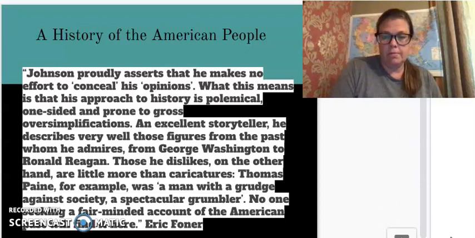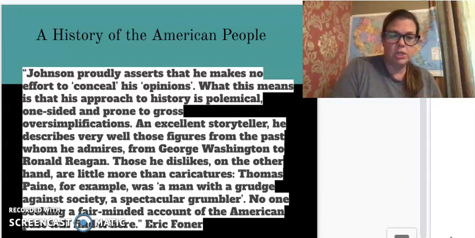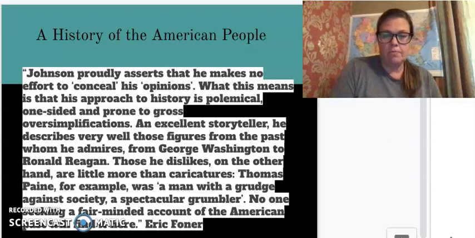While this historian reviewing Johnson's book, Eric Foner, writes that Johnson is an excellent storyteller, and describes George Washington and Ronald Reagan very well, he makes it very clear that there are certain people in American history that he does not like and turns them into somewhat of a caricature.